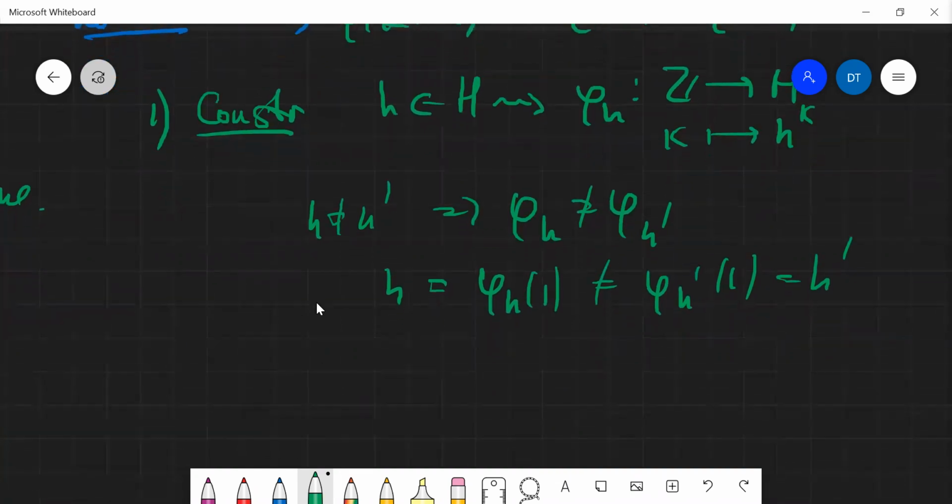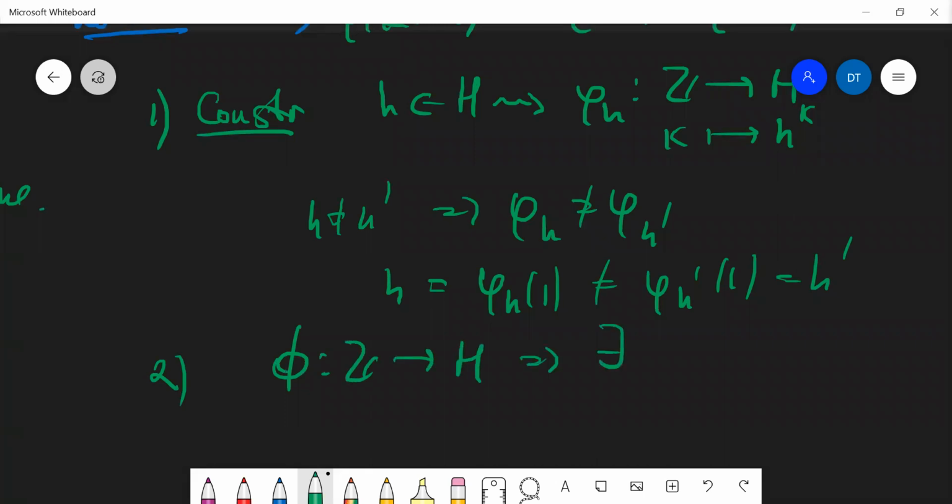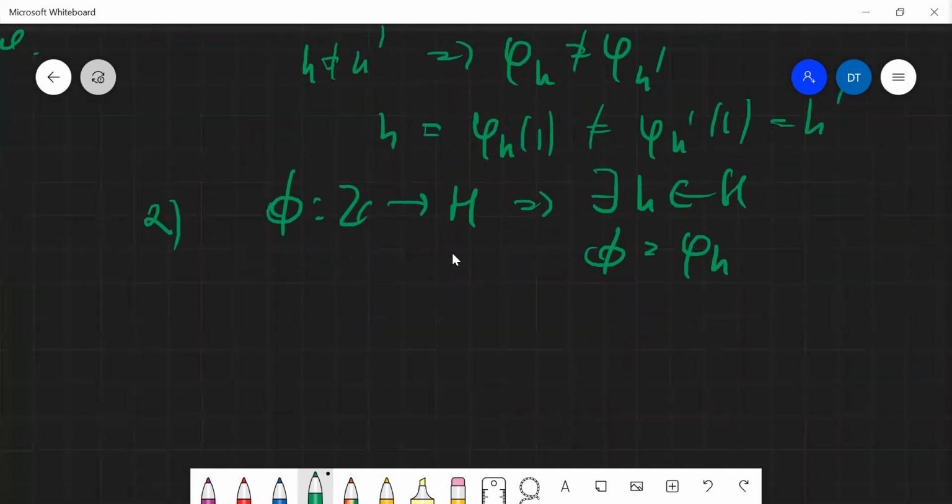And now I want to prove that there are no other homomorphisms. If you are given a homomorphism from Z to H, then there exists an element h such that phi coincides with one of the homomorphisms above. Is it our statement?